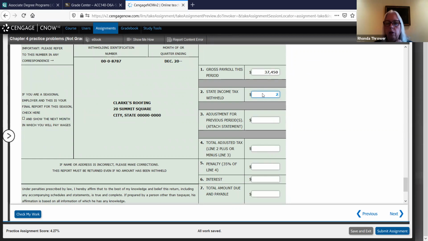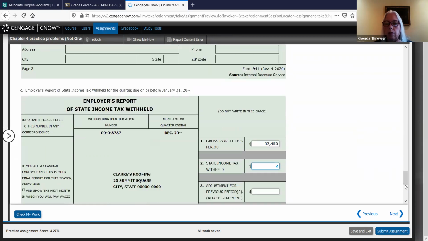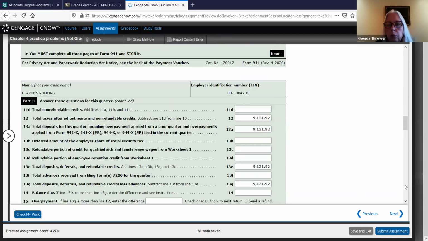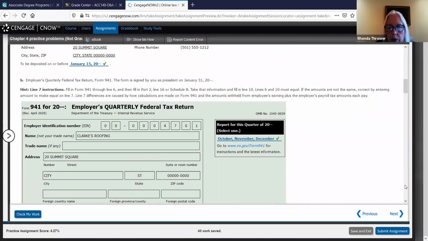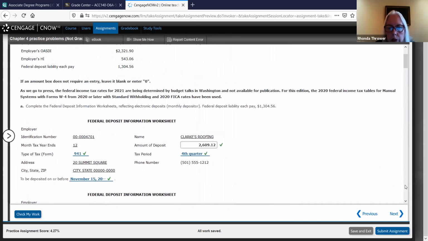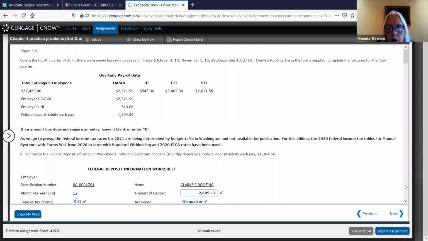I forgot the amount. It's 2,000. Sorry about all the jumping back and forth, but this is the only way you can do it. $2,621.50.